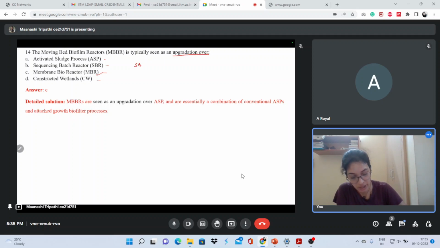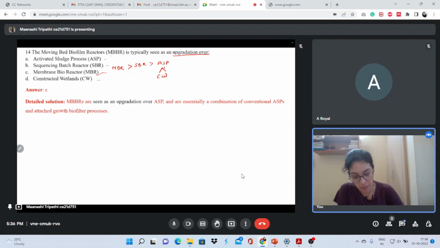SBR is better than ASP. Cost wise it's equal to or sometimes better than constructed wetlands, and this MBR is way better than SBR, because reactor volume will be low and we don't need a secondary sedimentation tank now.